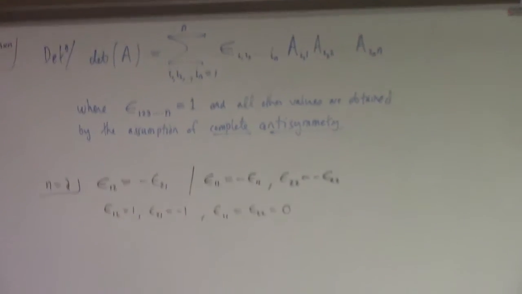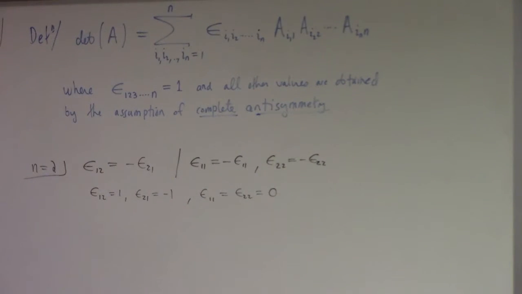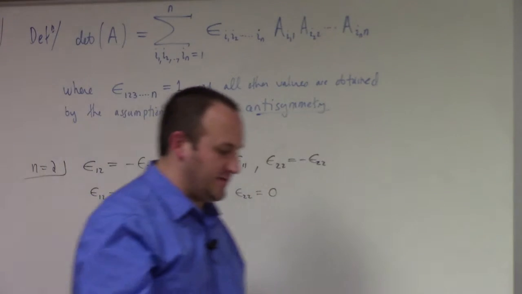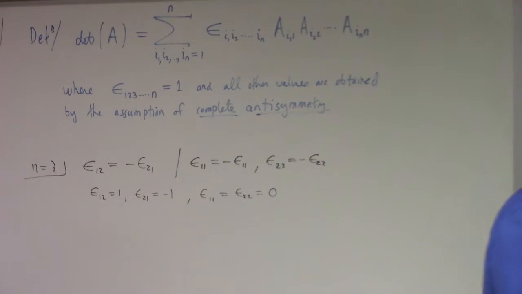0. So the construction of this epsilon, this completely antisymmetric symbol, is this idea that if any of the indices are repeated in it, it's 0. It's a way of destroying repeated things. And basically, it gives you a formula which is giving you a distinct set of n indices.